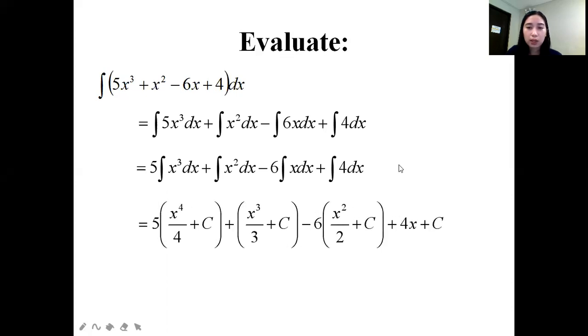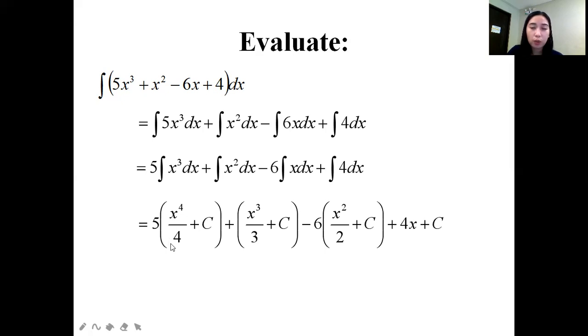Now, using the simple power formula, the general solution, x to the n plus 1 over n plus 1. So n is 3, and n plus 1, 3 plus 1, is 4.